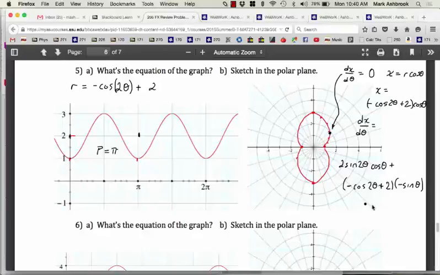So that's dx d theta, and we will want the values of theta that make it equal to 0.